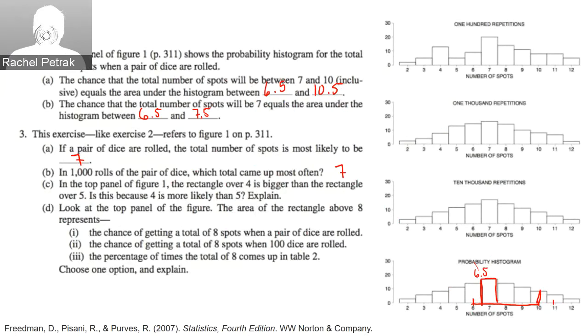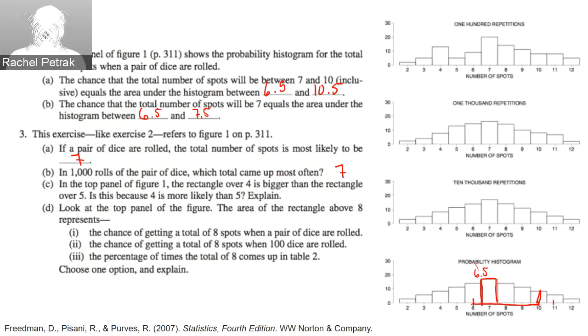In the top panel, the rectangle over 4 is bigger than the rectangle over 5. Do you think that's because 4 is more likely than 5? Should we now start betting on 4? No, 4 is not any more likely than 5.